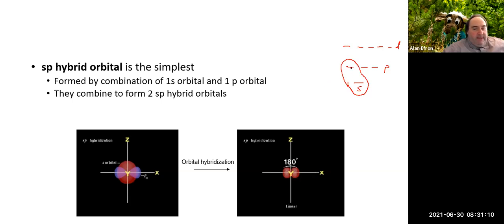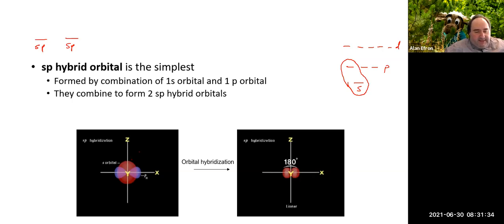So we've now taken two of these atomic orbitals that will generate two sp hybrid orbitals that will come into play. Each of these hybrid orbitals will also have an electron available for a bond. And here's the hybridization process.